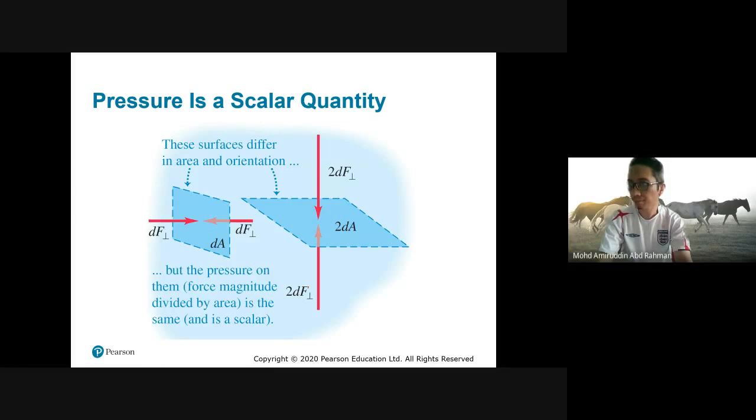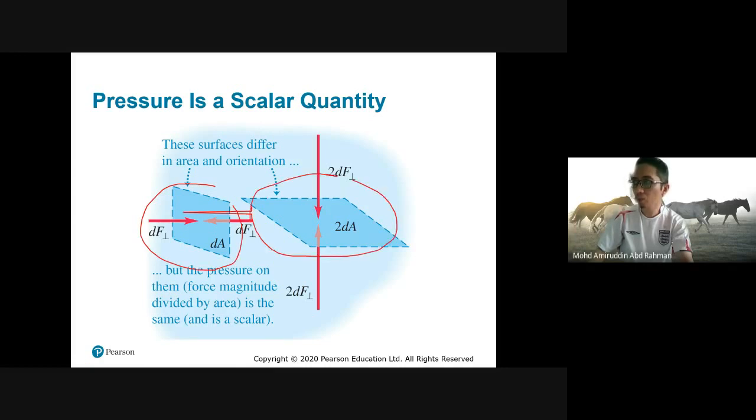So we can measure it at any orientation. As long as the area that we cover, where we apply the force, is similar, then the pressure will be similar. So you compare this one with this one.